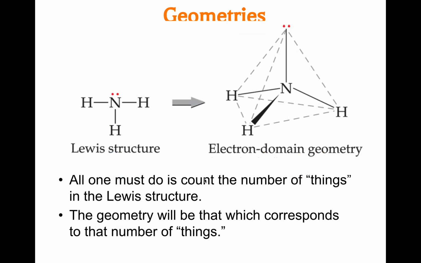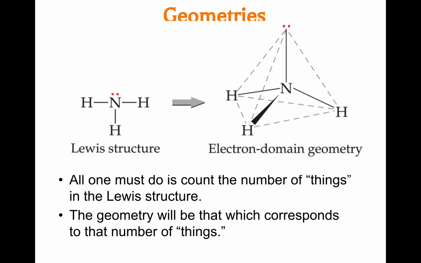Okay, so geometries. What we're going to do is start with the Lewis structure, and then it's going to create this bond geometry. All you have to do to figure out the geometry and the shape of the compound or the molecule is count the number of things.